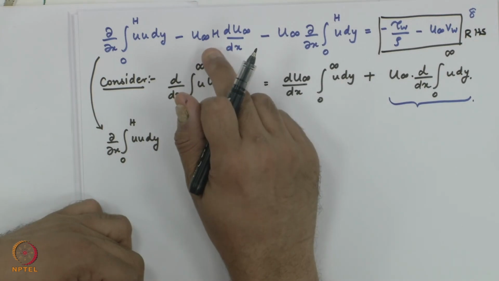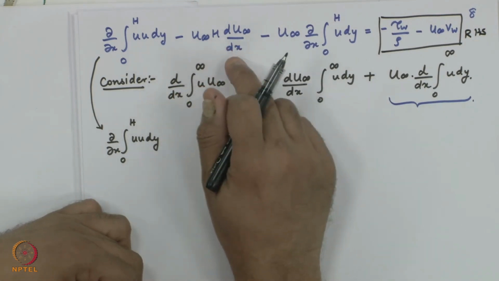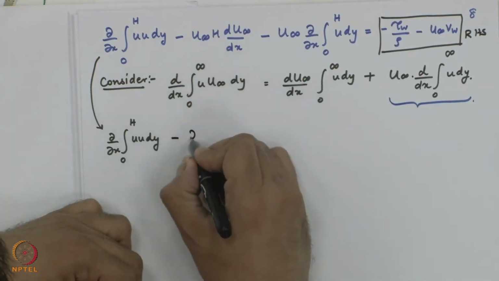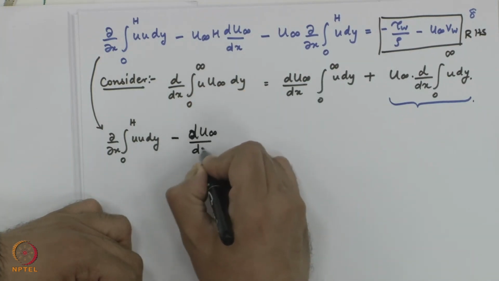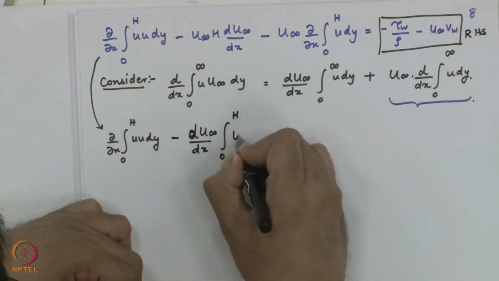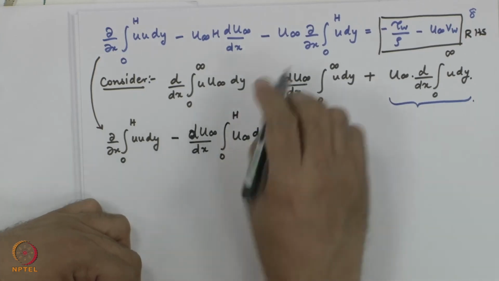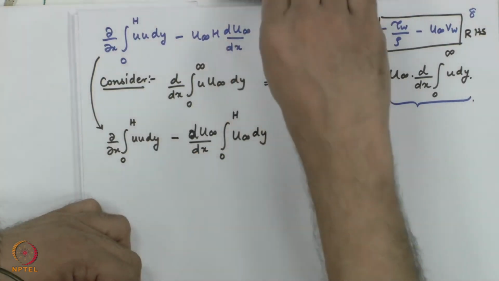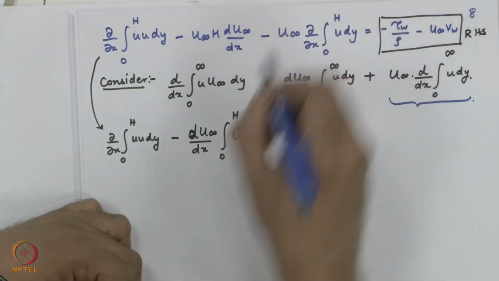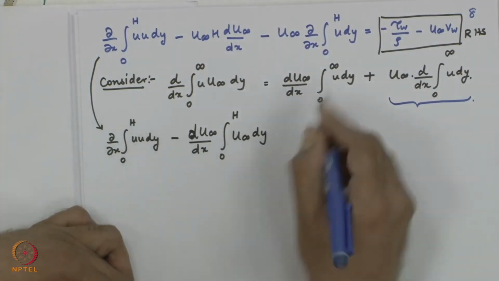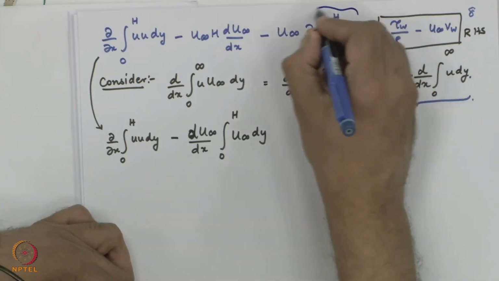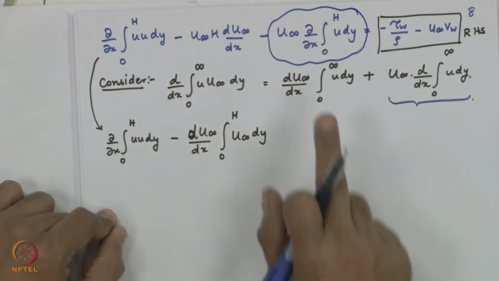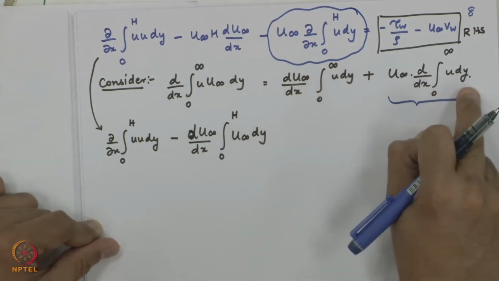This is nothing but du infinity by dx as it is, u infinity dy. So, I will write the second term as du infinity by dx integral 0 to h u infinity dy, right. u infinity can come out, dy integral is h minus 0. So, h. So, the second term has been just manipulated like this, first term remains like this. This term, which I am going to circle here, is going to be manipulated using this identity: u infinity d by dx of u dy is written here.